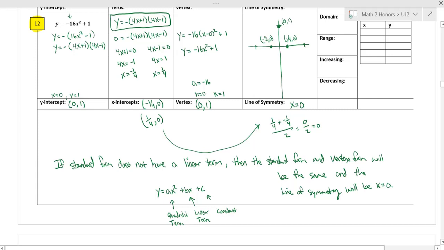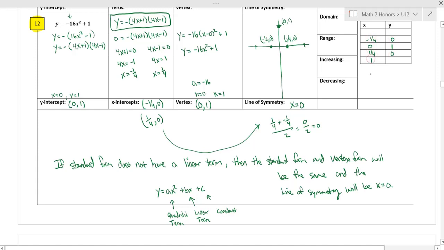If you don't have any other points, which we don't in this case, you just pick a value and plug it in. I'm going to add these to my table first: (0, 1) is the middle of our graph, then (negative 1/4, 0) and (positive 1/4, 0).